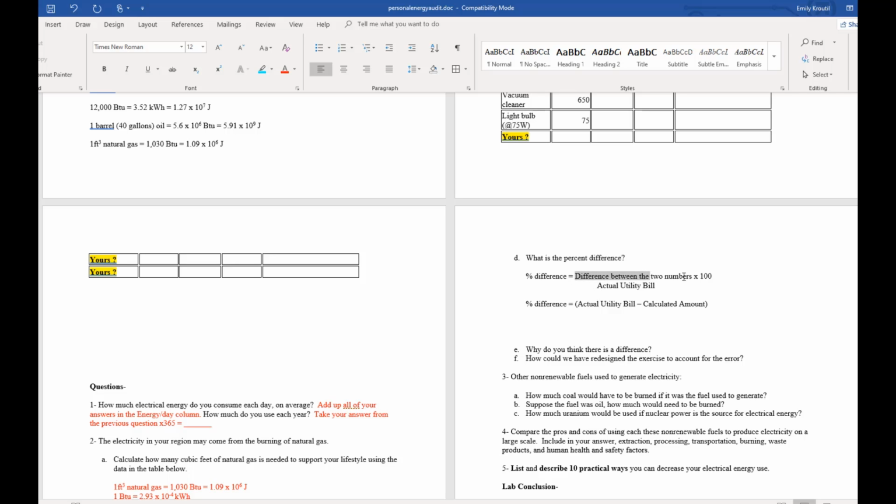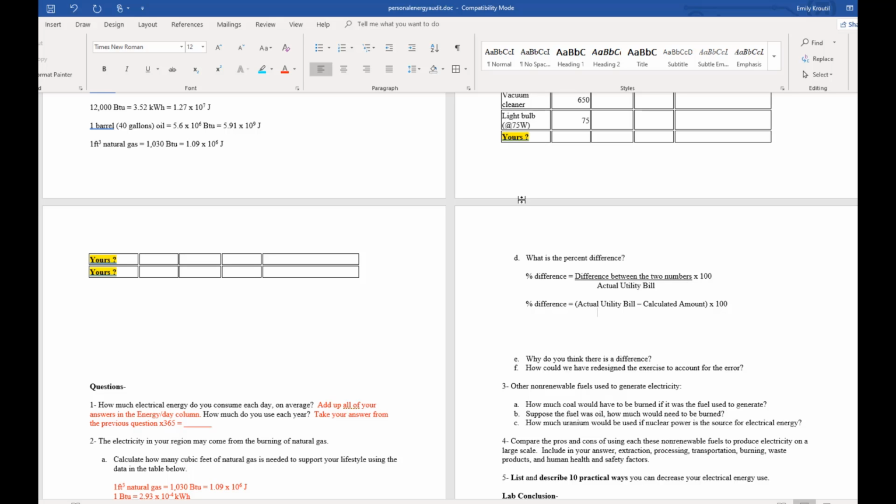That looks better. Otherwise, you'll get something that's way too high. And we'll do, okay. There we go.